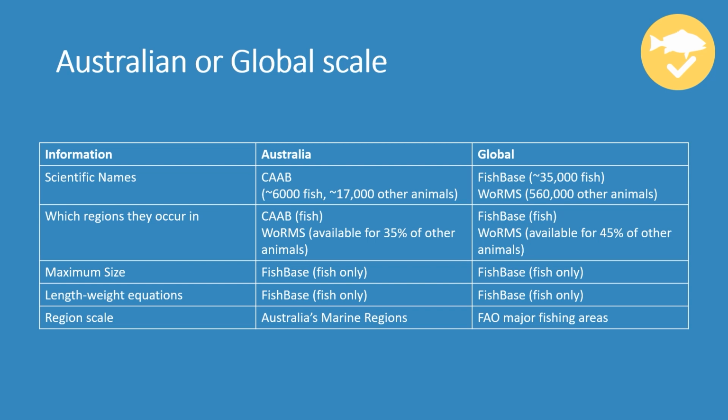The information on what species occur in which regions in Australia is from CAAB and WoRMS. For data outside of Australia, it comes from FishBase and WoRMS. All of the information on maximum size and length-weight equations comes from FishBase for both the Australian and the global list. The Australian list uses Australia's marine regions, and the global list uses the FAO major fishing areas.